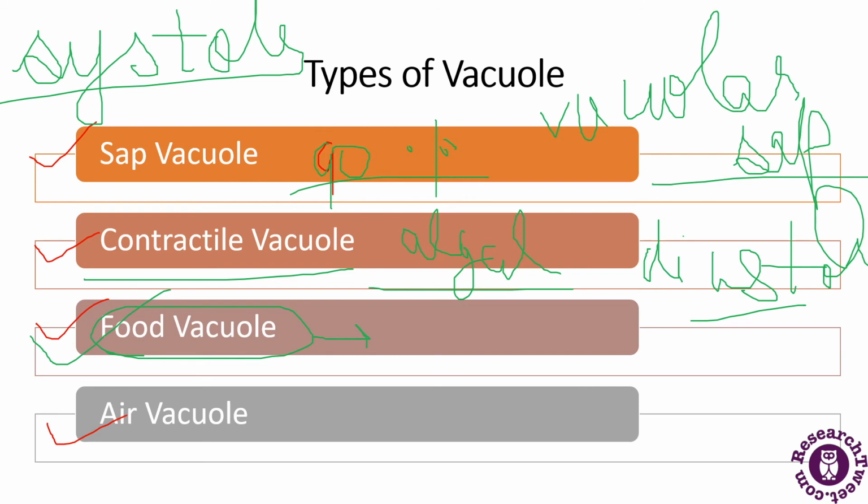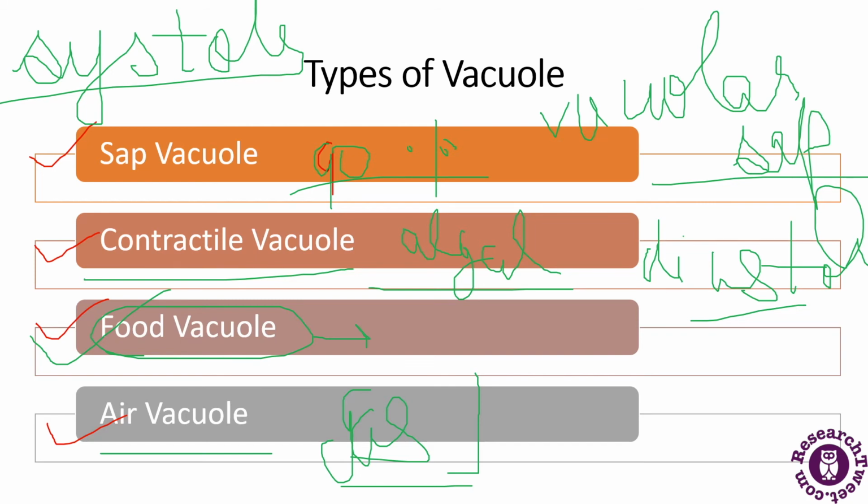Next we talk about the air vacuole. The air vacuole is also known as the gas vacuole. It has been reported only in the prokaryotes. An air vacuole is not a single entity, nor is it surrounded by a common membrane.